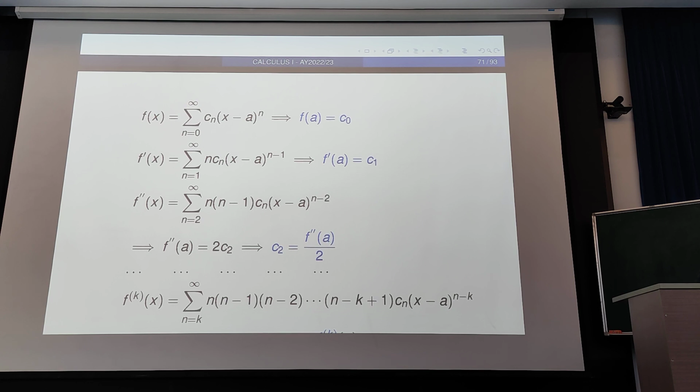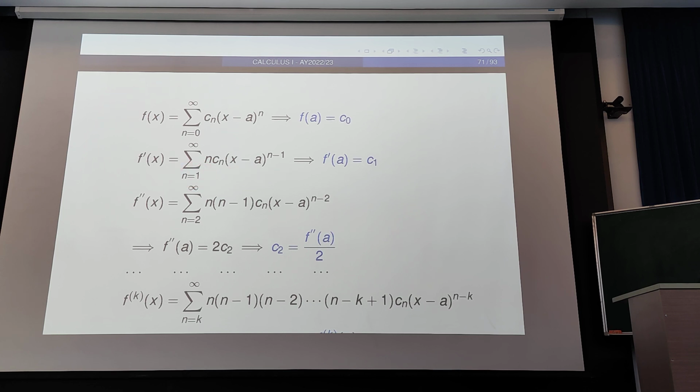To find c1, we need to differentiate the function. Let's consider the first derivative of f, and from the previous property of convergent power series, you can find the power series of the first derivative. You can differentiate the given series term-wise to get this formula, right? And be careful, because this series starts from n equal to 1, because now we don't have c0 anymore.